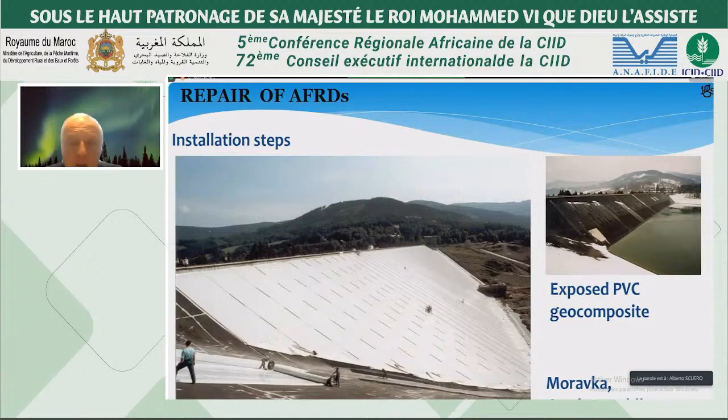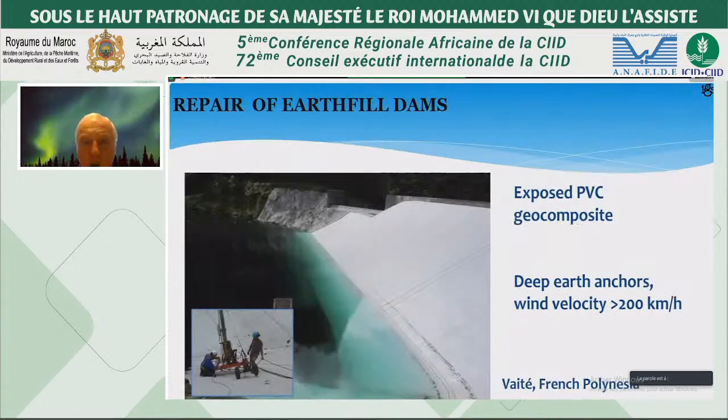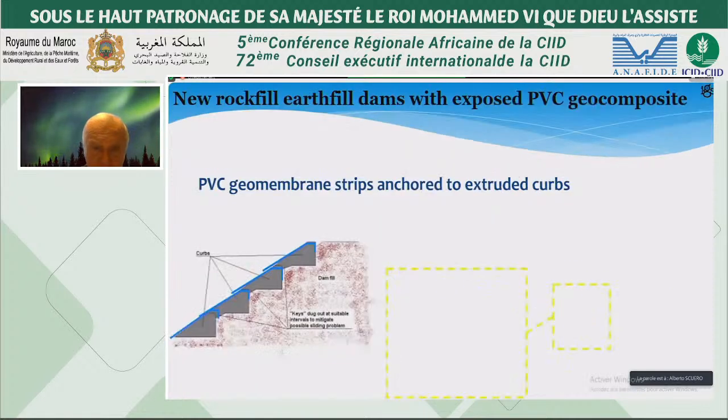They are also used for repair of asphalt concrete face rock-filled dams, like at Moravka in Czech Republic, or in earth-filled dams, like at Vaite in French Polynesia, where the PVC geocomposite is anchored to the face by means of deep earth anchors capable of resisting wind velocity of more than 200 kilometers an hour.